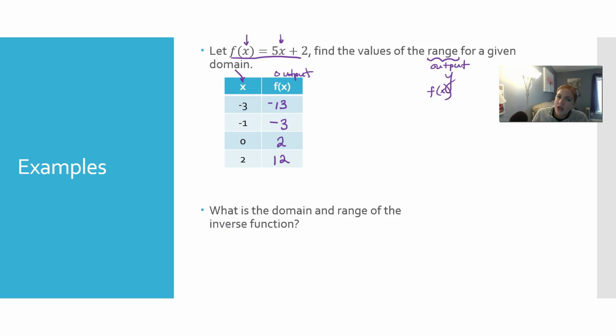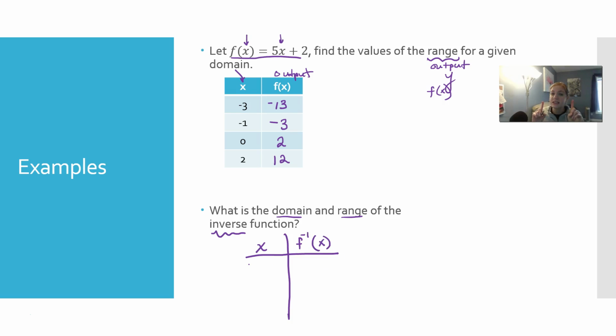But now let's talk about the domain and range of the inverse. So now we want to switch our domain and range from our original function to give us that inverse function, f to the -1 of x.